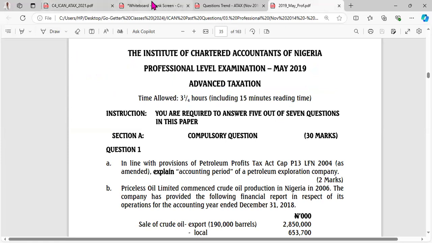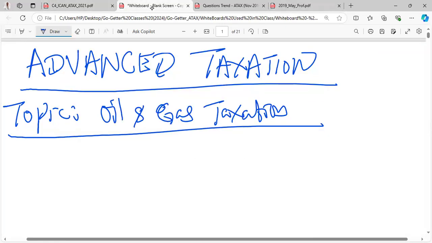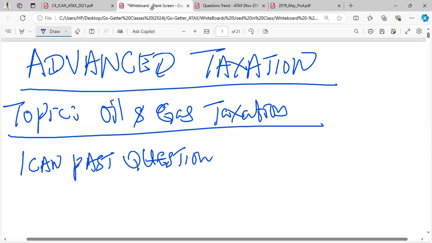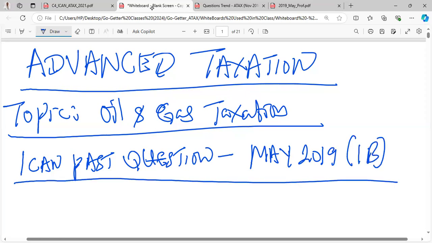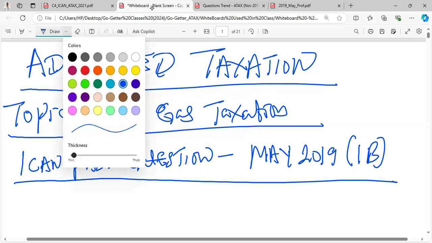So we are doing an ICAN past question. This is question May 2019, question 1B. So that's what we are solving for today.